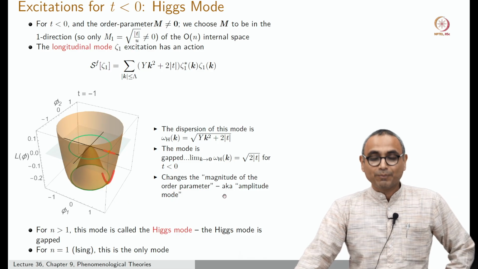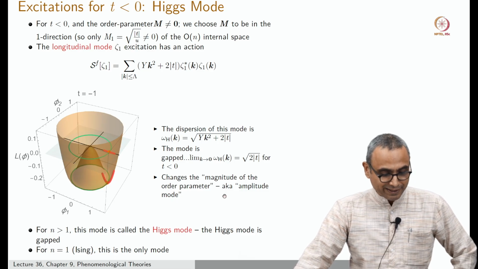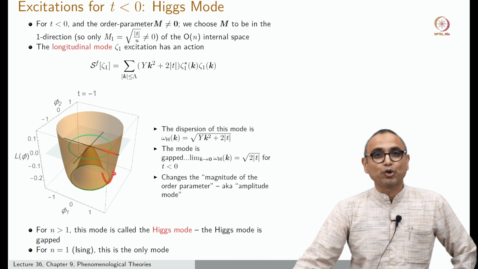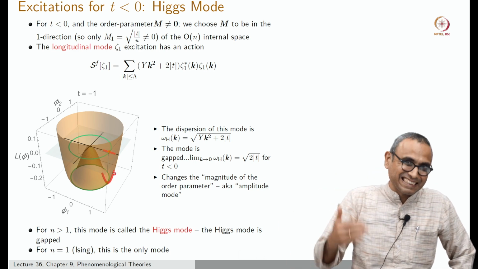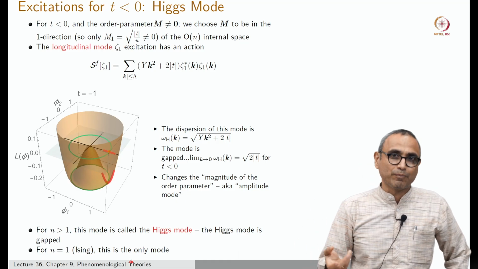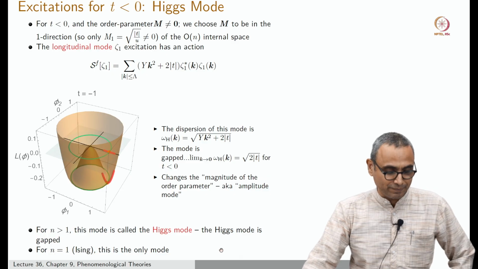But we will not dwell too much on that point. We will continue. We will call this amplitude mode the Higgs mode only if the symmetry is continuous. In the Ising case, there is of course this gapped mode, with the same gap and everything, but we typically do not call it the Higgs mode.